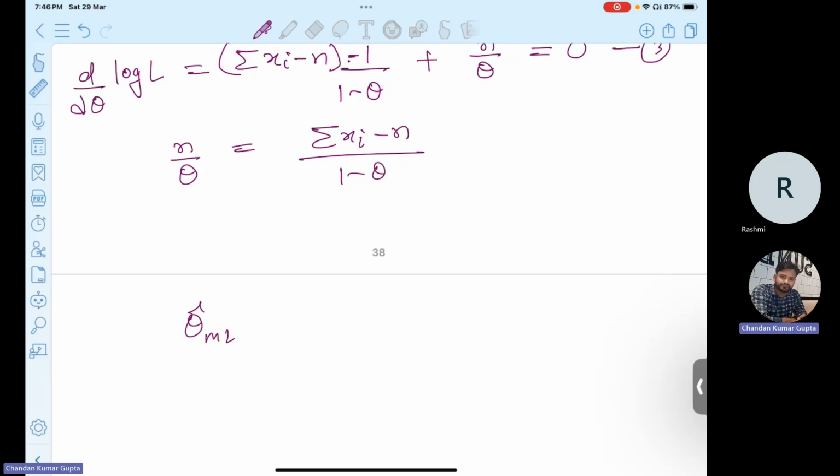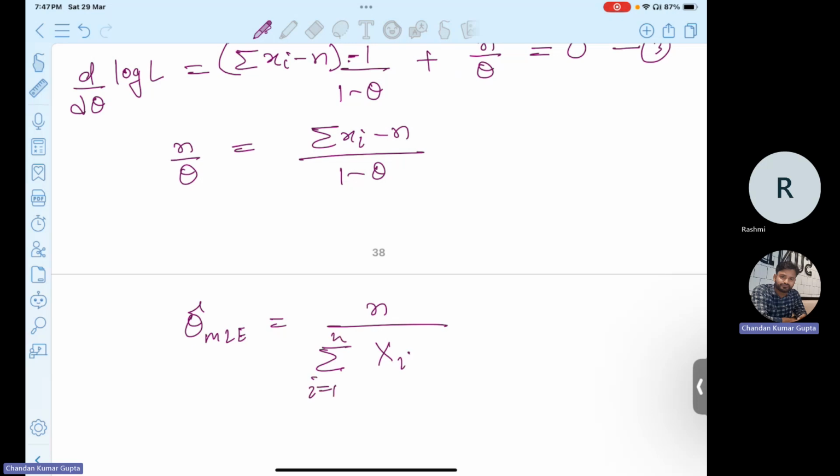Theta cap of MLE, that is the maximum likelihood estimator, is n upon summation of xi, where we have considered i from 1 to n.